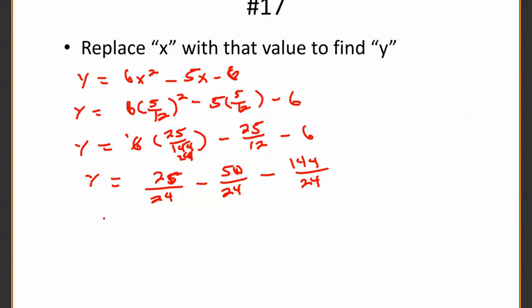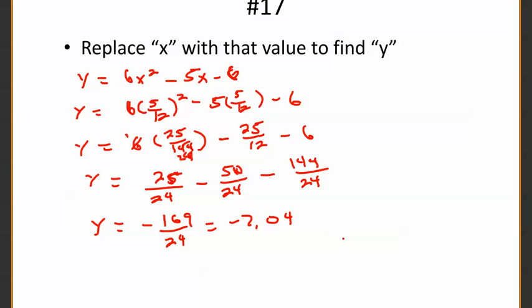Okay, so that gives us -169/24, and it may help us to look at that in the decimal form, which is about -7.04.